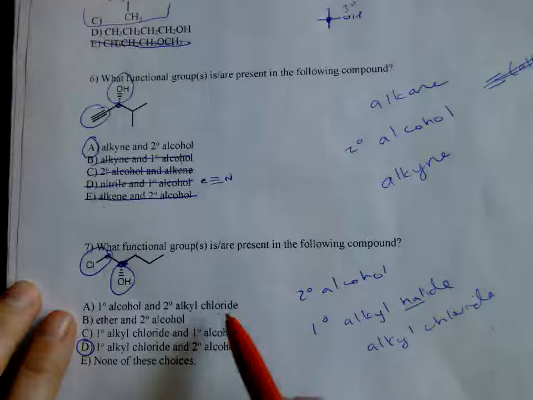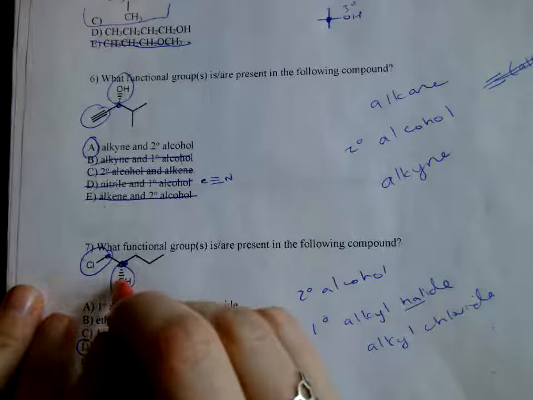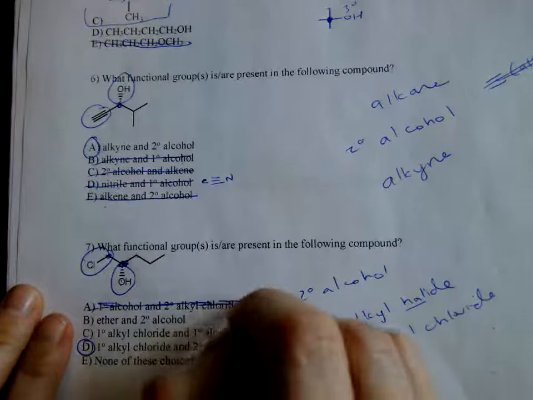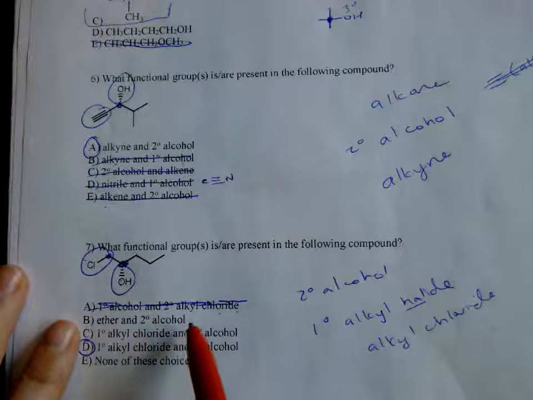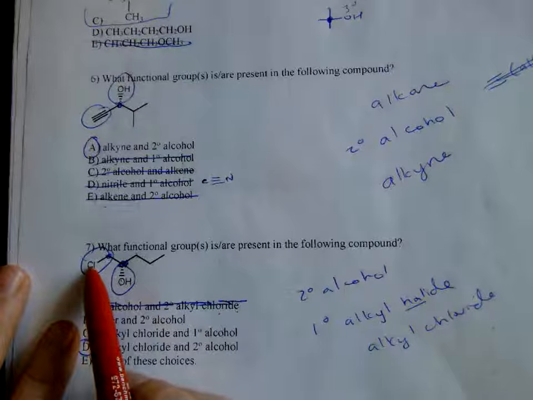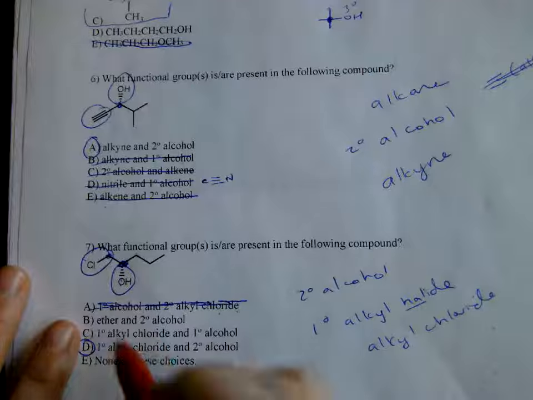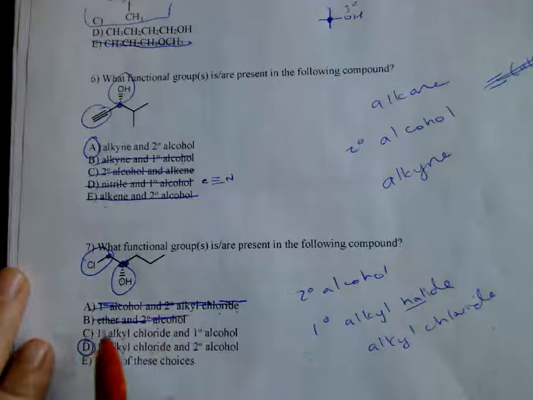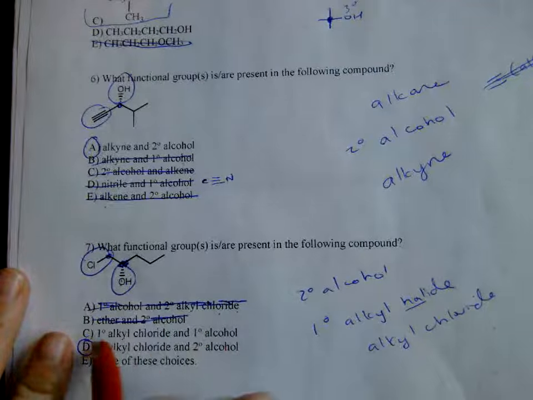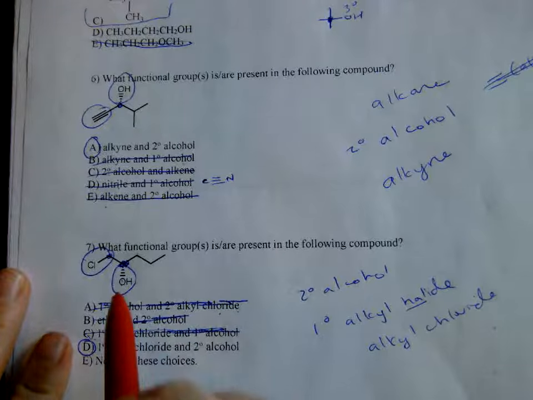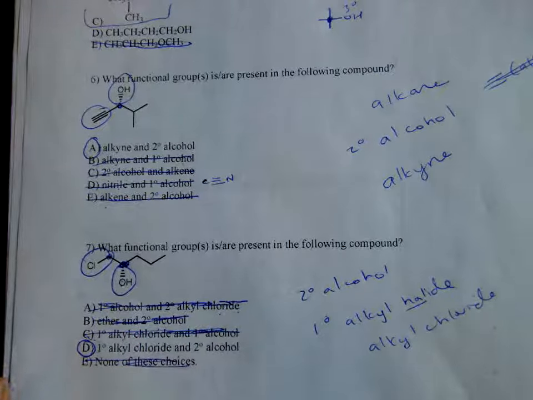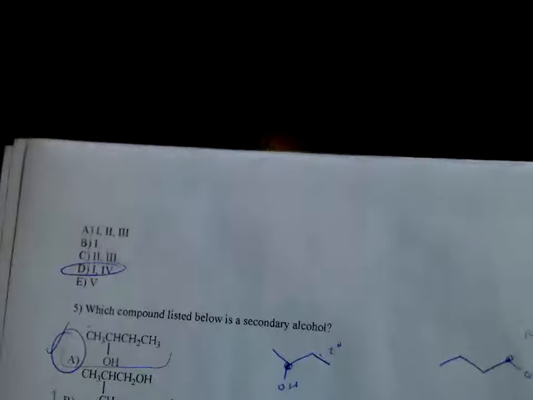Primary alcohol and secondary alkyl chloride is close, but these 2 are switched. That one almost got me. Ether and secondary alcohol, an ether would be if this was an oxygen bonded to another oxygen. Primary alkyl chloride and primary alcohol, that's close, but the alcohol is secondary. So answer choice D is correct.